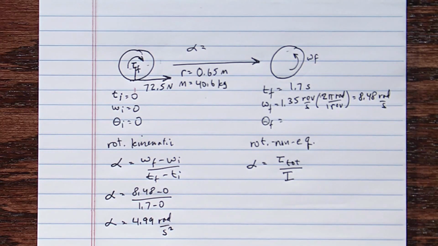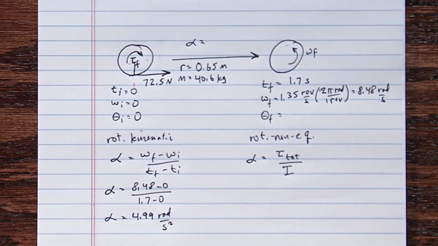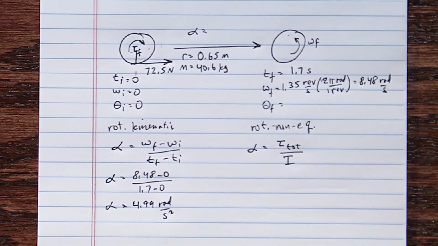So we have our angular acceleration, 4.99 radians per second squared.